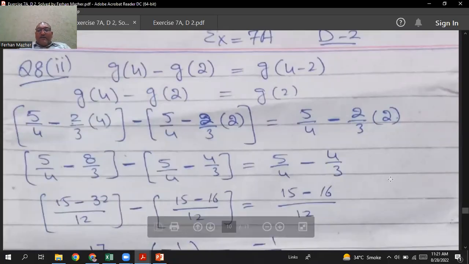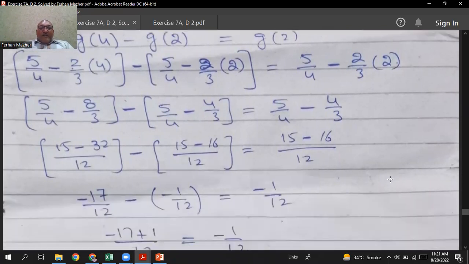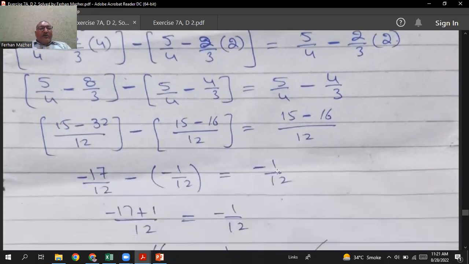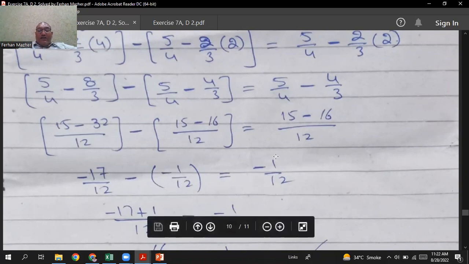So you will have 15 minus 32 by 12 in one bracket, minus, here the LCM is again 12, so 15 minus 16 by 12, and equals, here the LCM will also be 12, so 15 minus 16 in the numerator. So you are left with minus 17 by 12 minus, and here you are left with minus 1 by 12 in the bracket, equals minus 1 by 12 here.